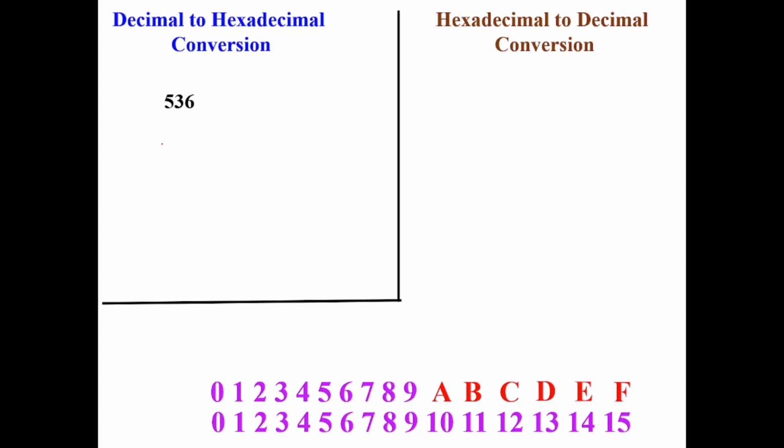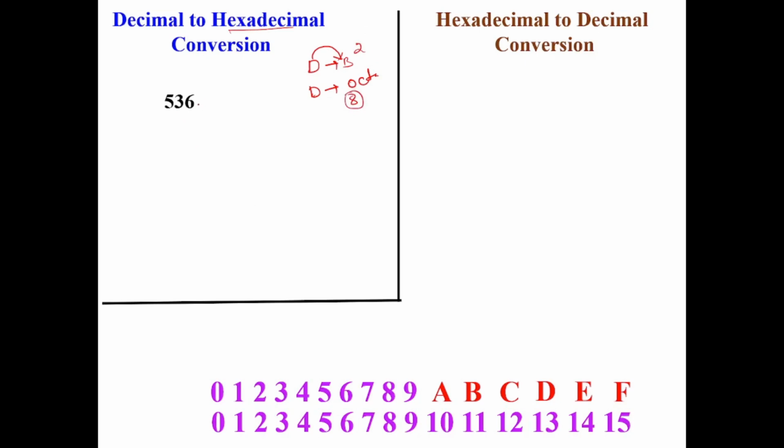Now we consider a decimal number, that is 536. We are trying to convert this decimal to hexadecimal. The procedure to convert any decimal number to hexadecimal is the same as we discussed for conversion of decimal to binary and decimal to octal. In decimal to binary, each time we divided the given decimal number by 2. In decimal to octal, each time we divided by 8.